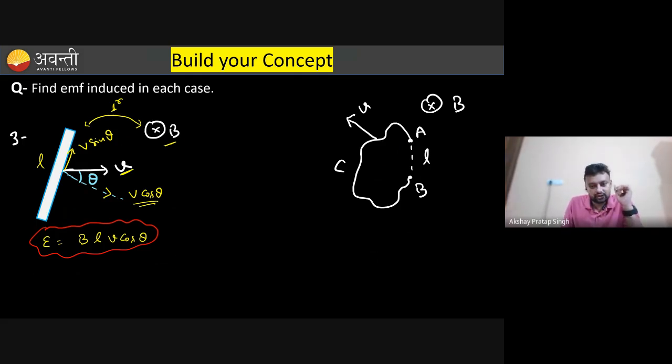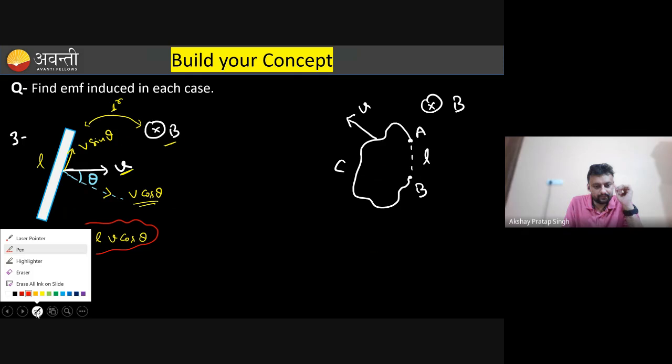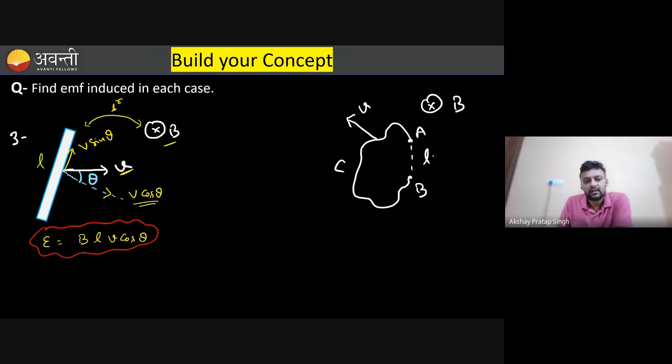In the next question, which is again very important to you, the question says, find EMF in each case. In this question, the wire or the rod is not straight. It has some irregular shape.